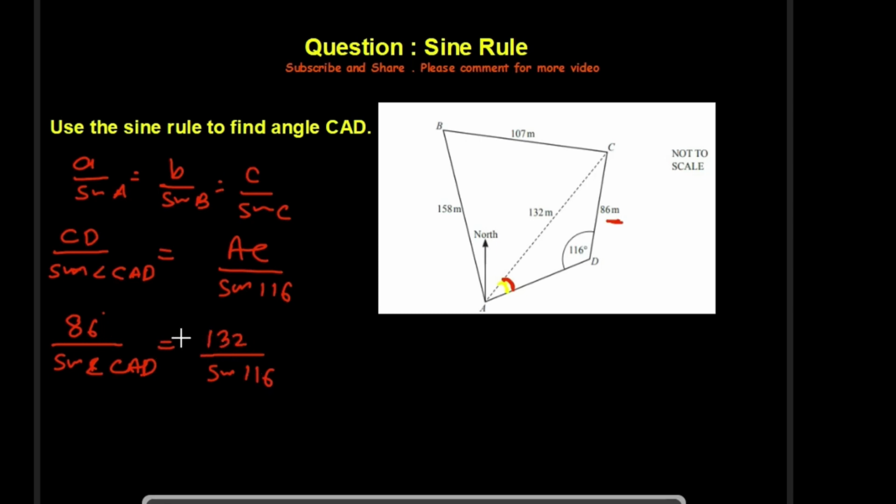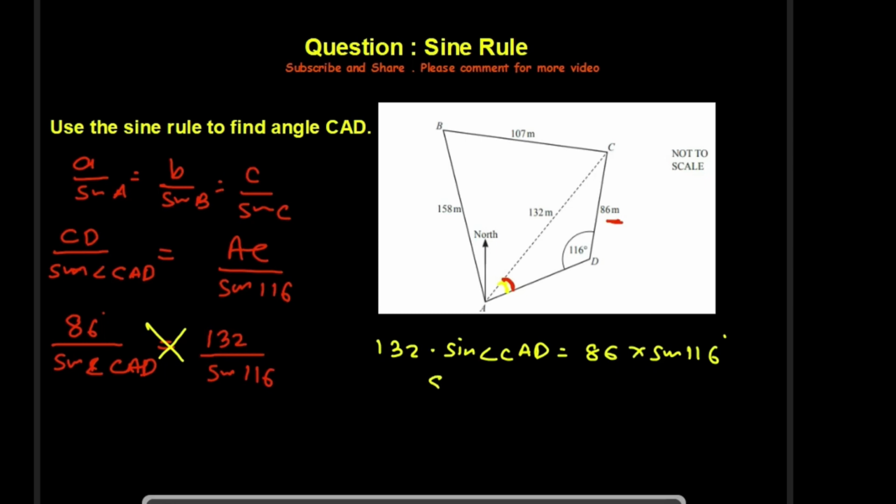Now we have to identify the value of sine angle CAD. So do cross multiplication. If we do cross multiplication, 132 into sine angle CAD is equal to 86 into sine 116 will come, right?